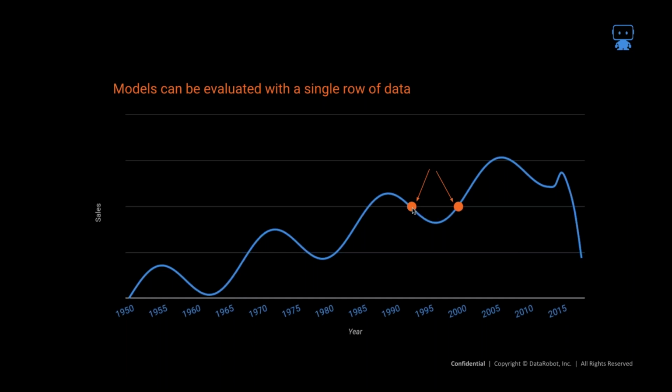If we look at these two data points here, and we want to know what the next value would be, given that we only knew the data up to that point.